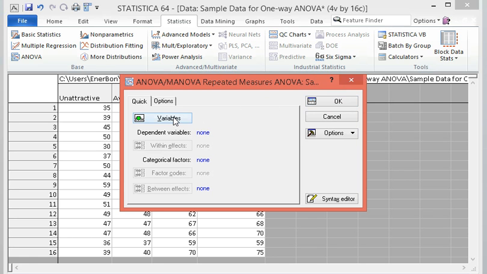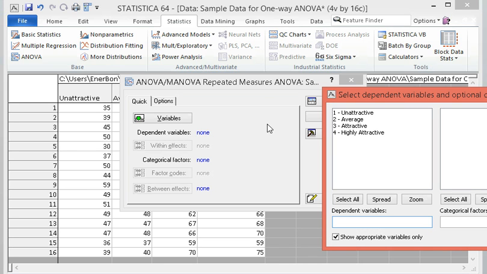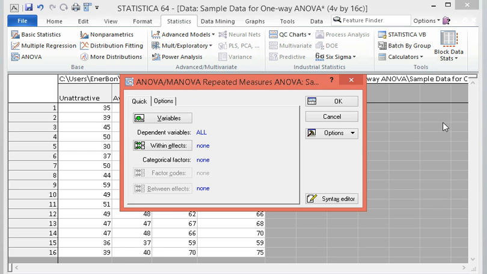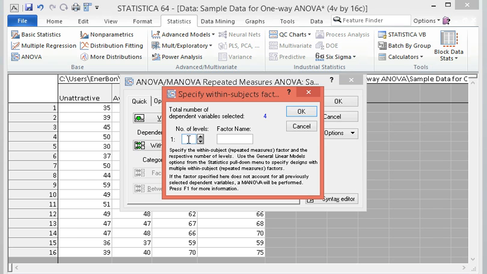Click on Variables and choose all of the levels of our independent variable, and then click OK, and then click this tab labeled Within Effects, and then it is asking for how many levels we have in our IV.